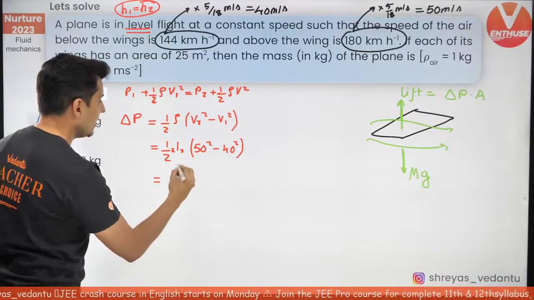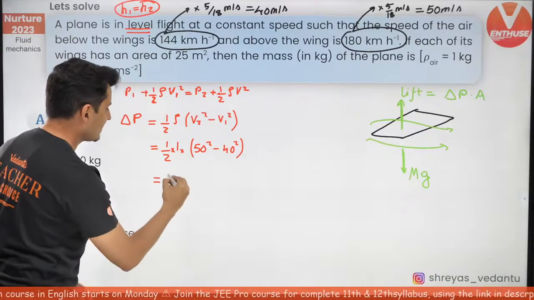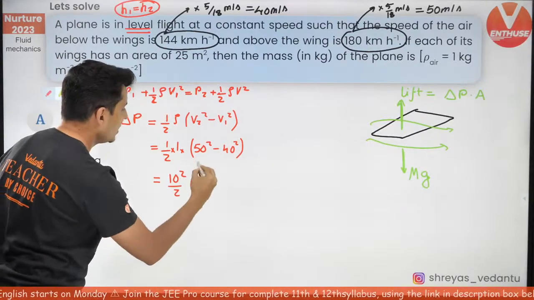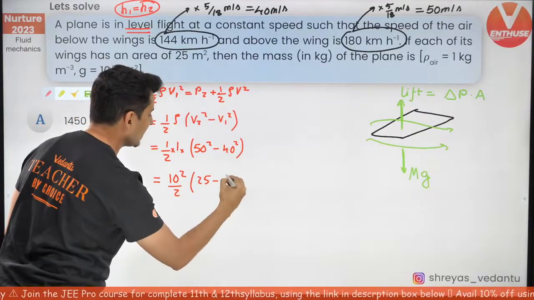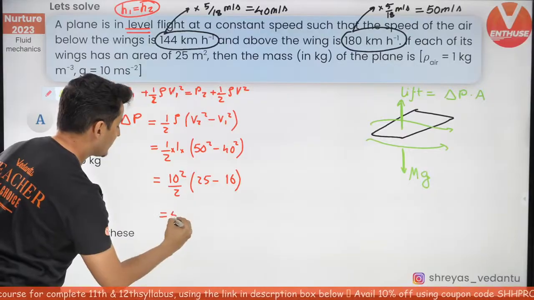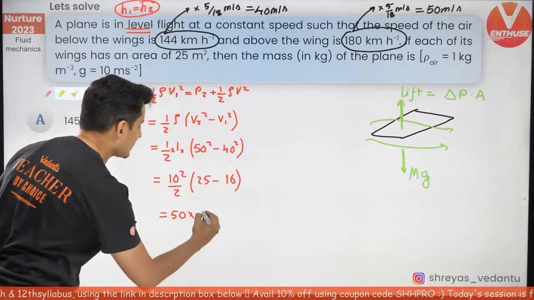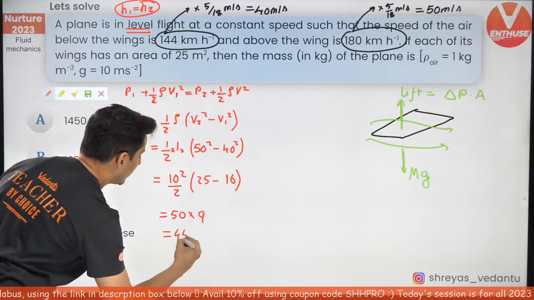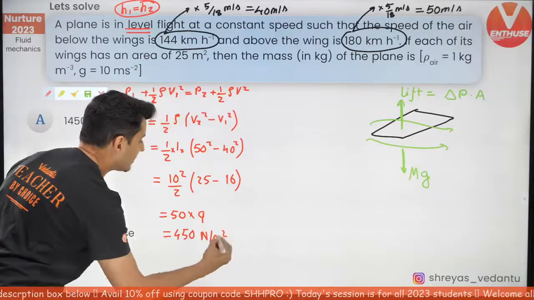Now I can take 10 square common outside, divided by 2. That is 5 square, which is 25, minus 4 square, which is 16. So 100 by 2, that's 50, and 25 minus 16 is just 9. So this will be nothing but 450. This is pressure difference, so Newton per meter square.